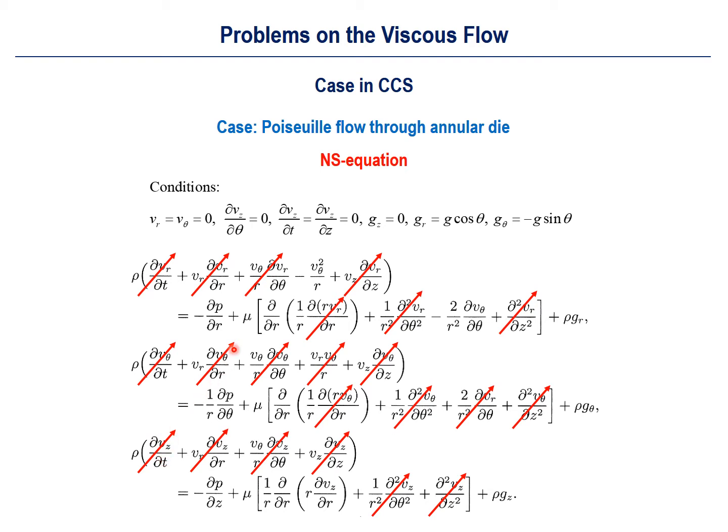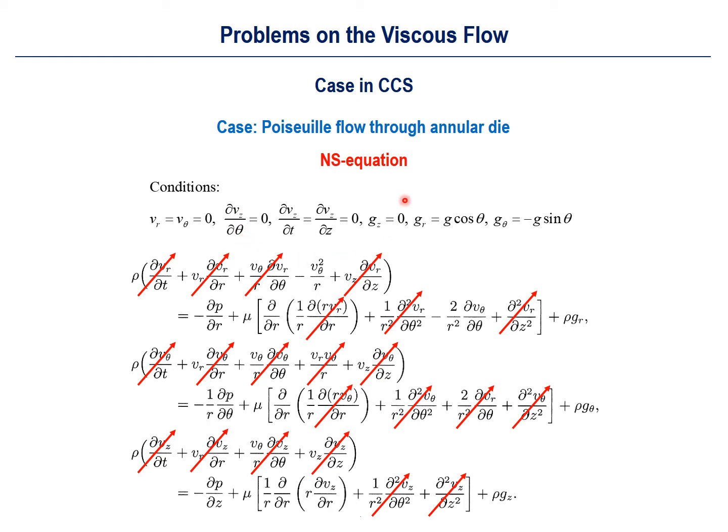And we will cancel out all the velocity components such as Vr and V zeta here. Next, we will cancel out all the velocity gradient terms such as del Vz over del z is equal to 0, and del Vz over del zeta is equal to 0 too.